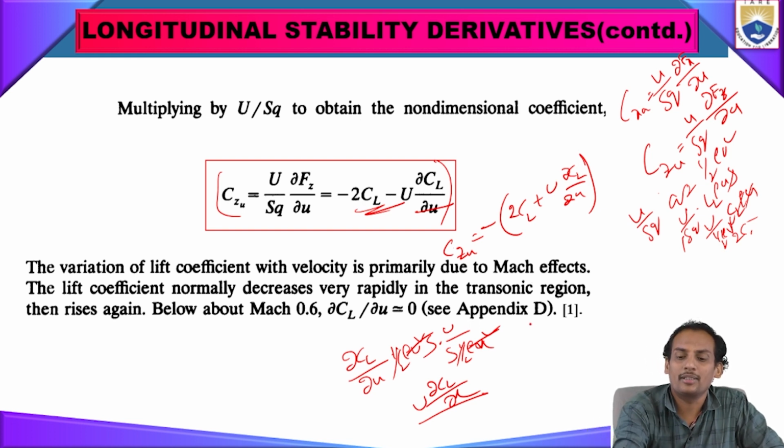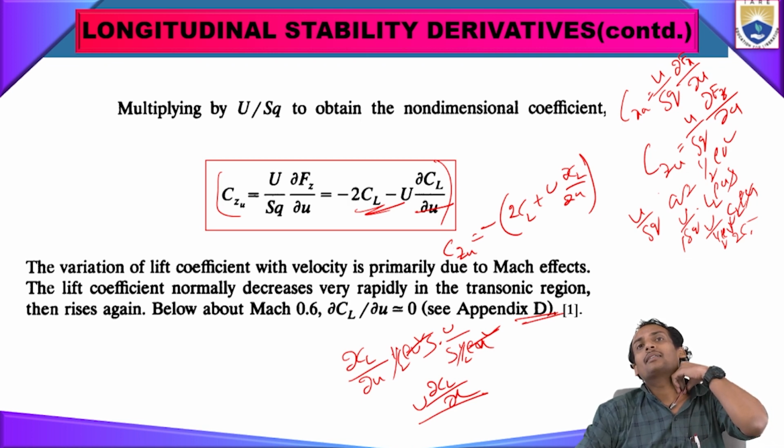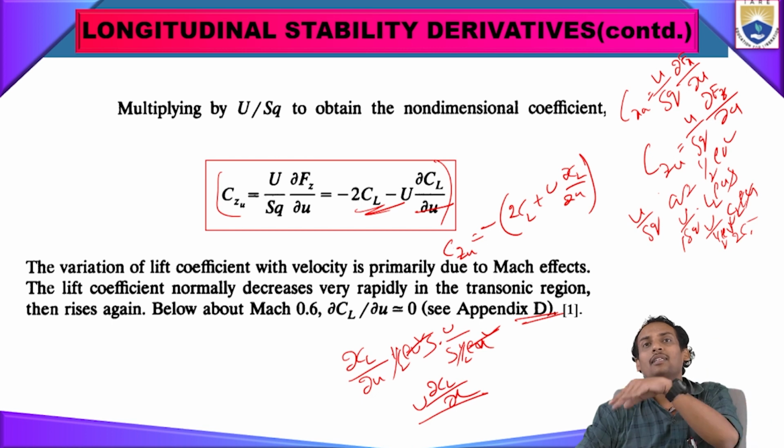That also we can get from Appendix D. If dou CL by dou u is identically 0, then that stability derivative directly depends on the lift coefficient only.